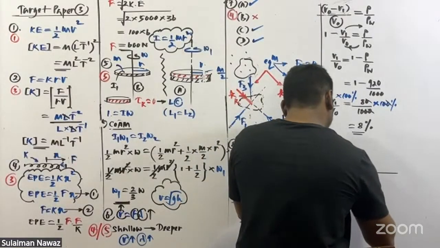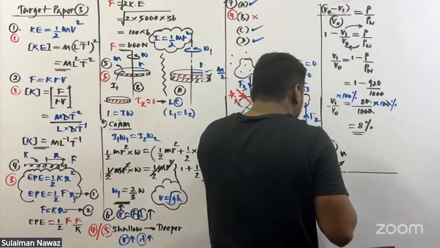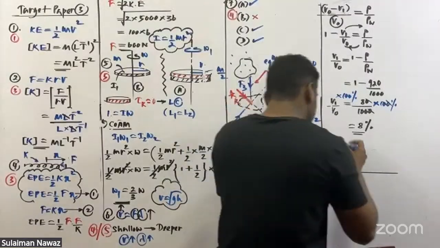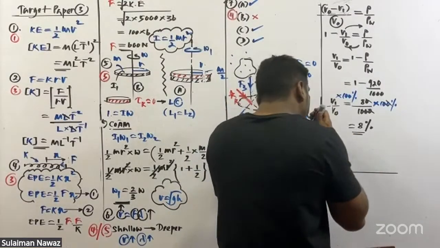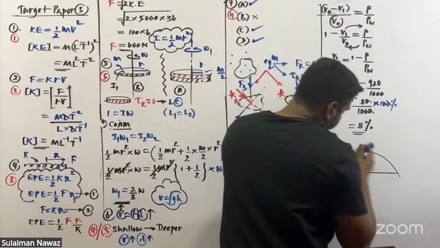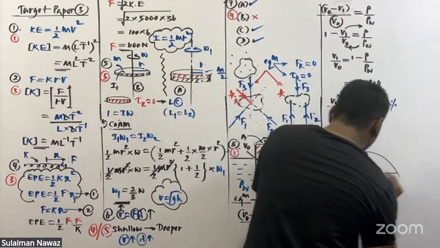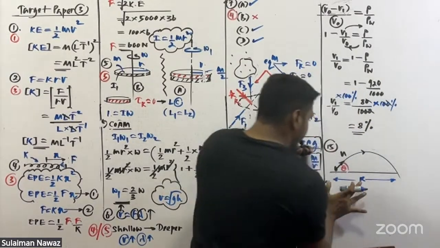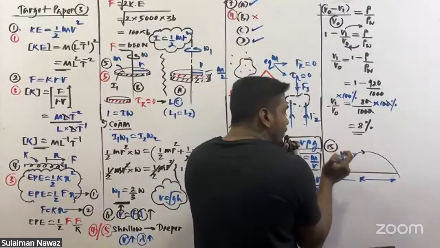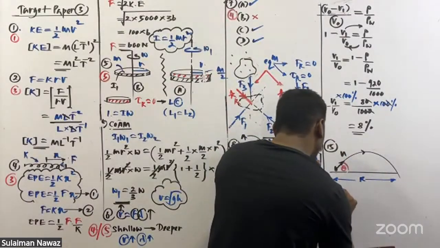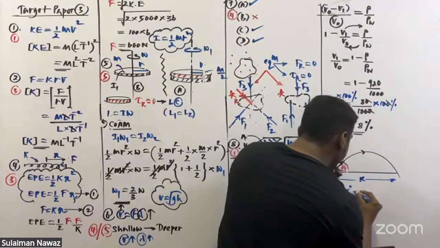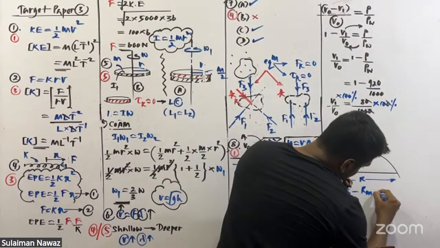You maintain the projection velocity constant and change your projection angle, and you get different horizontal ranges. You will get the maximum horizontal range when the angle is exactly 45 degrees. I don't explain why it is. When the angle is 45 degrees, important point, your R, the horizontal range, will be maximum.